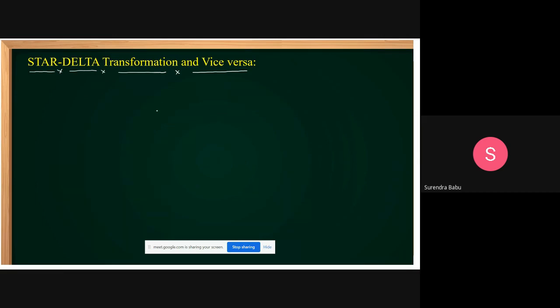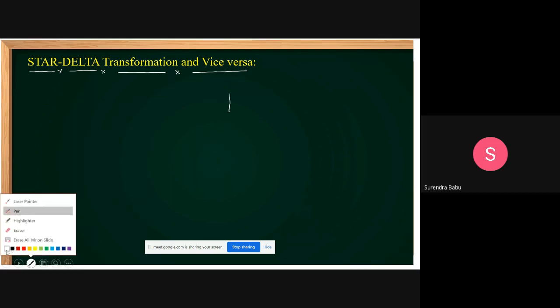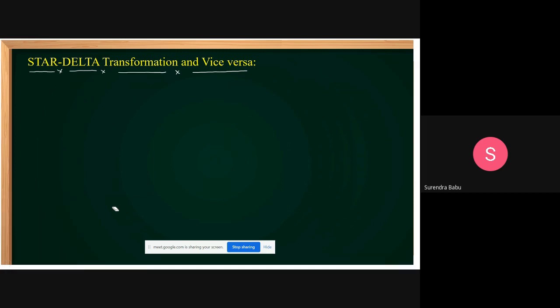Yes, let's consider here. This is the star connected network. Let's consider one star connected network. Mainly, first you concentrate on how to transform star to delta and delta to star.